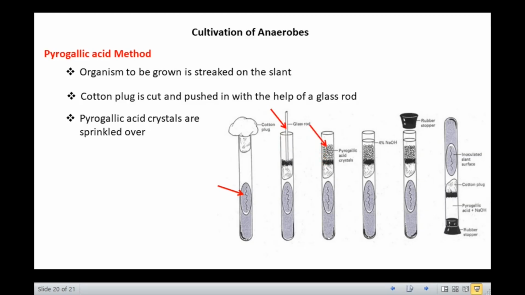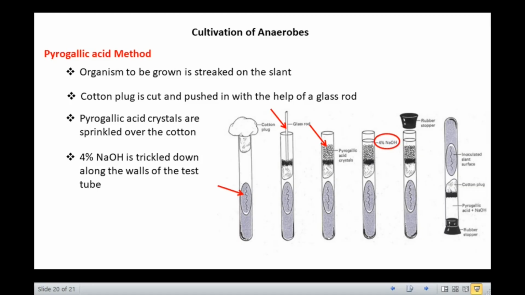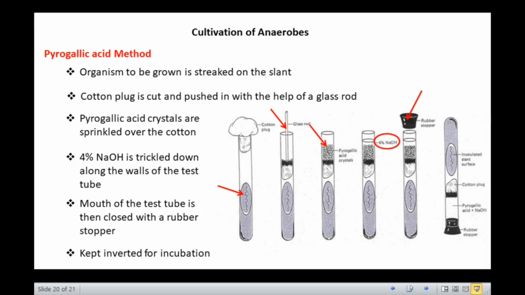Pyrogallic acid crystals are sprinkled over the cotton and 4% NaOH is trickled down along the walls of the test tube to wet the pyrogallic acid crystals. The chemical reaction between pyrogallic acid and NaOH creates an anaerobic environment inside the tube. The mouth of the test tube is then closed with a rubber stopper and the test tube is kept for incubation in an inverted position.